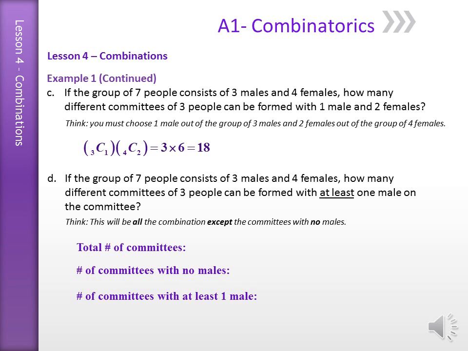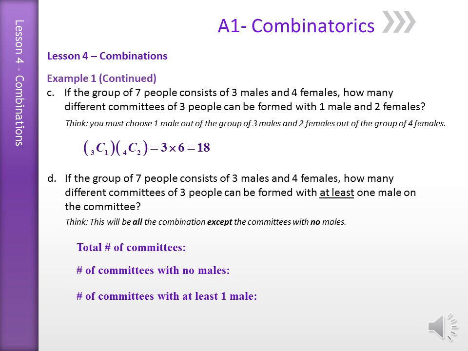First, we need at least 1 male, so we could have 1 male and 2 females, or 2 males and 1 female, or 3 males and no females. Here, we would calculate each of these 3 cases and then add the cases. The "or" implies adding. "And" means multiplying, "or" means add.